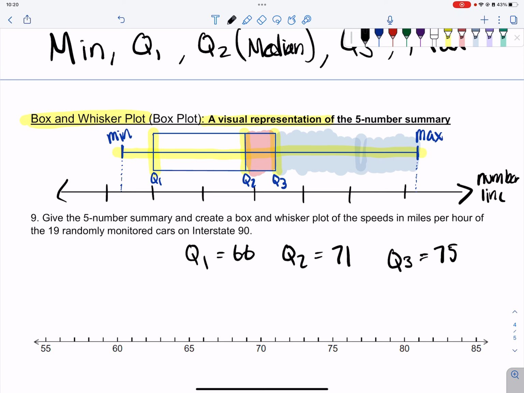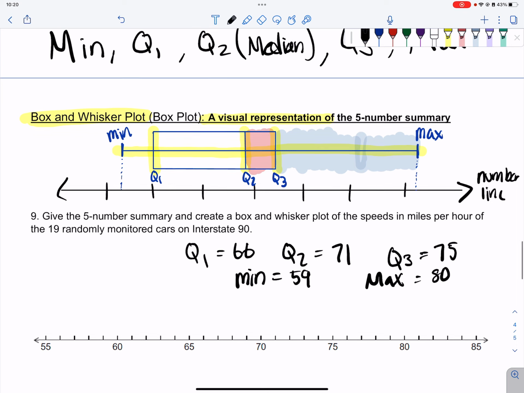We also have some other information. We have that from that data set, the minimum value was 59, and the maximum value was 80. So now with this, that's our 5-number summary. Let's draw the box plot for this.